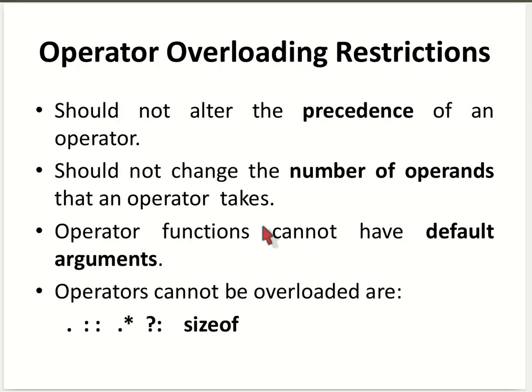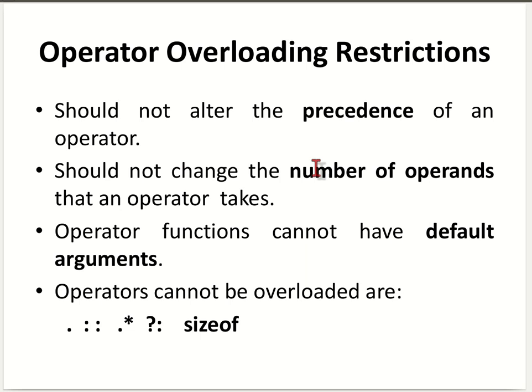And what are the different restrictions of operator overloading? What are the different rules of defining operator overloading? First one is you cannot alter the precedence of an operator. Whenever we are overloading an operator, we must not change its precedence. Precedence we have already discussed. What is the priority of an operator cannot be changed.